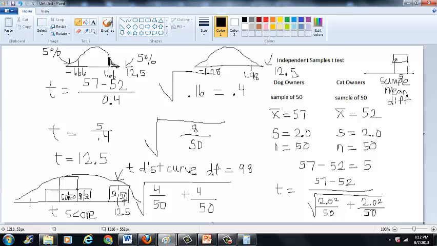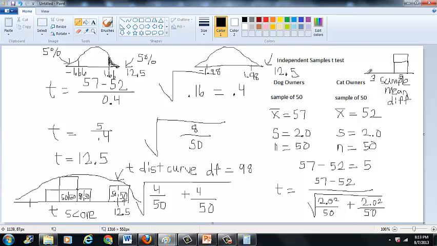For example, a data set where sample 1 has a mean of 57 and sample 2 has a mean of 54 will give you a difference of 3, because 57 minus 54 is 3.